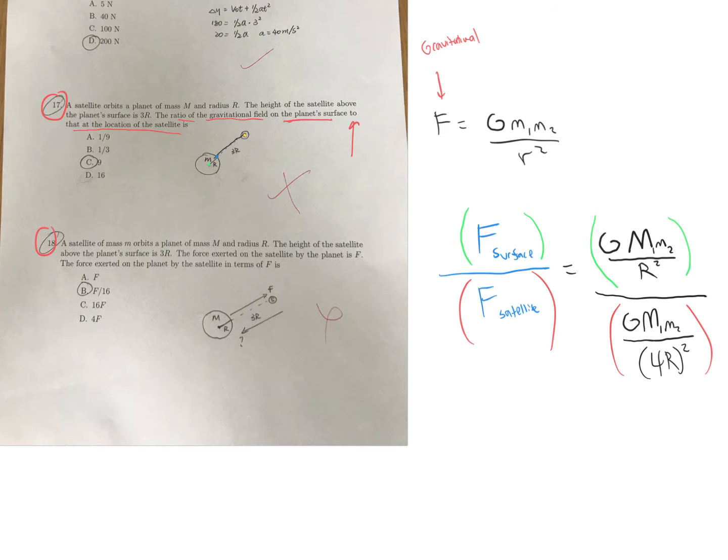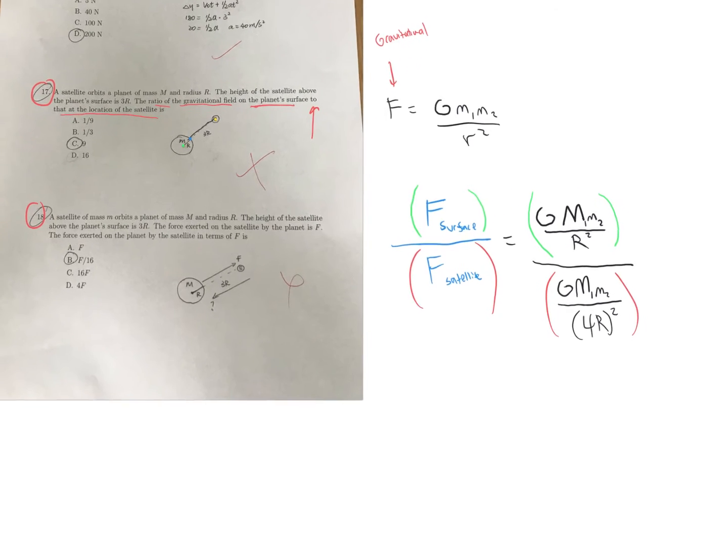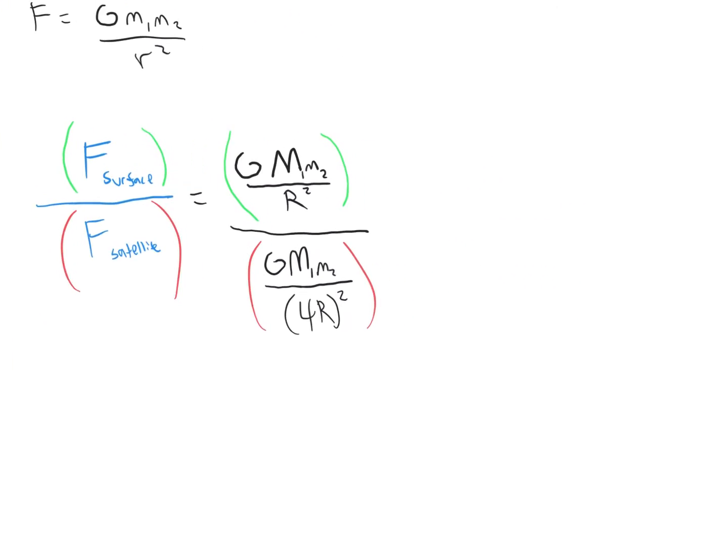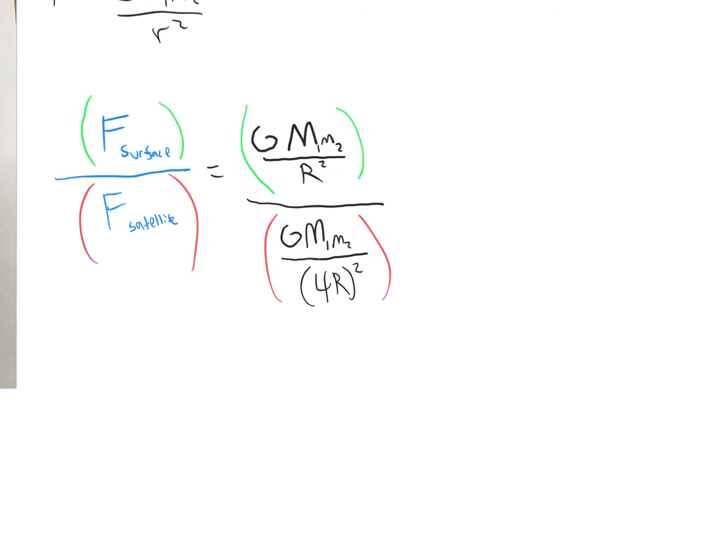So we are really close to finding the ratio of those two gravitational forces. That's what we're going to do right now. Well, bottom line is you have a fraction divided by another fraction. That's the reality of it. So what do you do when you have a fraction divided by another fraction? Well, you keep the first fraction, right?